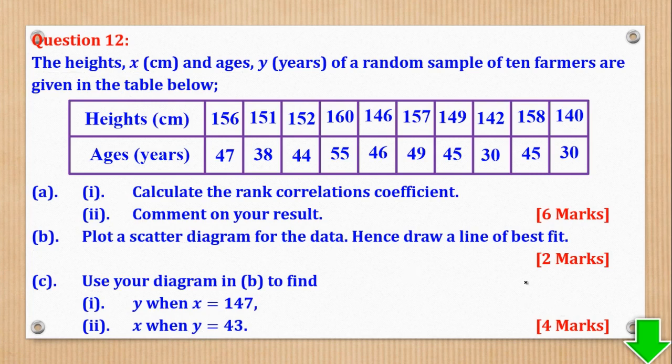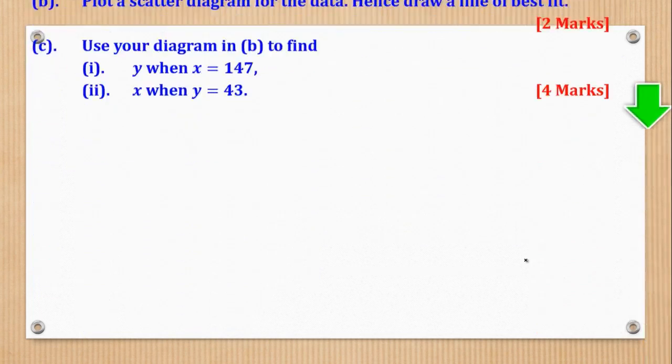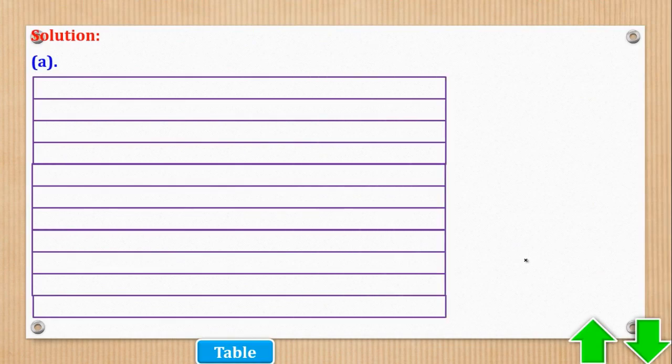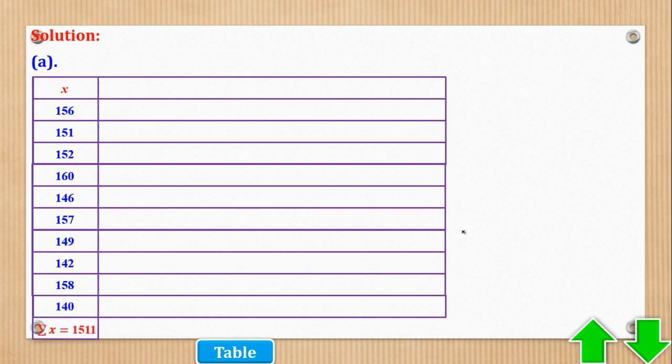So let's start with part A. To calculate the Spearman's rank correlation coefficient, we need to tabulate some values. So let's go ahead and tabulate. For x we put the values for height, and the total of all those is this.